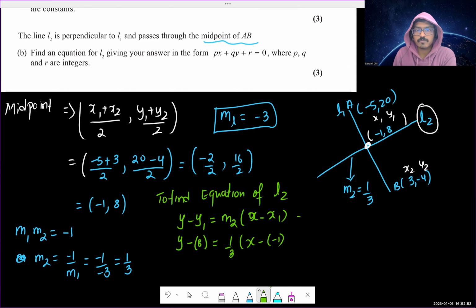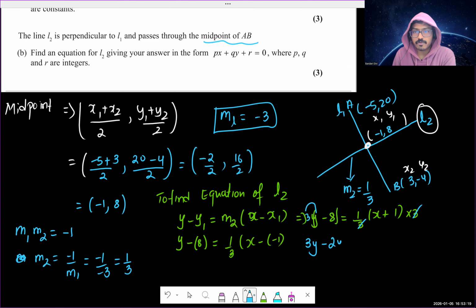So finally we obtain y minus 8 equivalent to 1 over 3 times (x plus 1). To get rid of this fraction, multiply by 3 on either side. So the fraction gets removed, and this 3 is multiplied with y minus 8, giving 3y minus 24 equivalent to x plus 1.